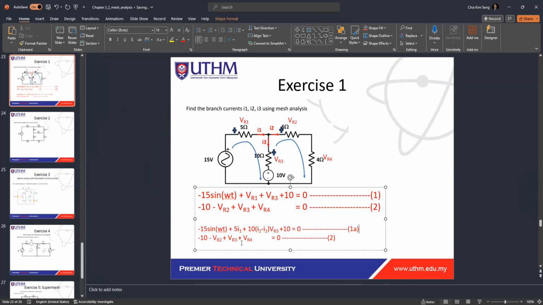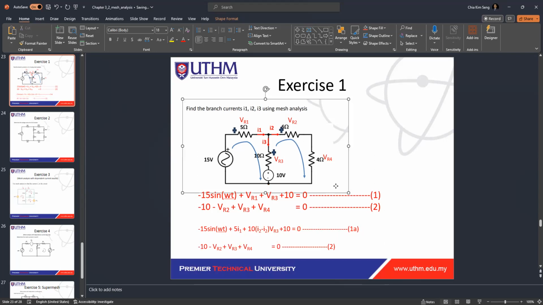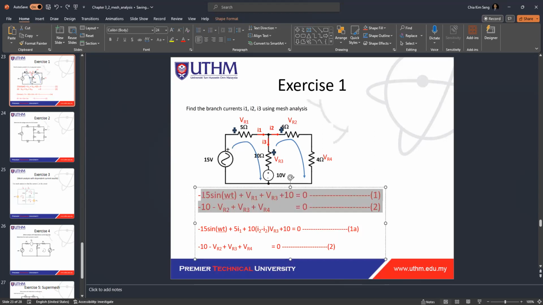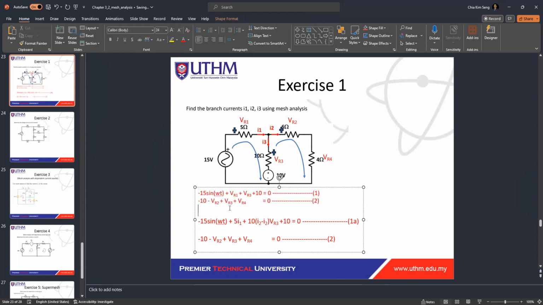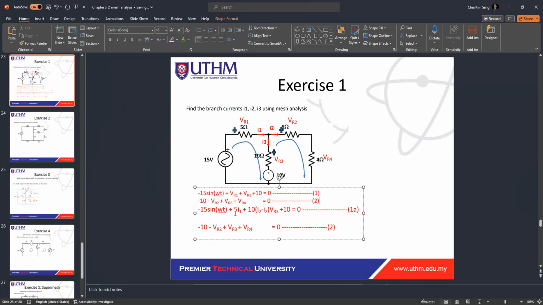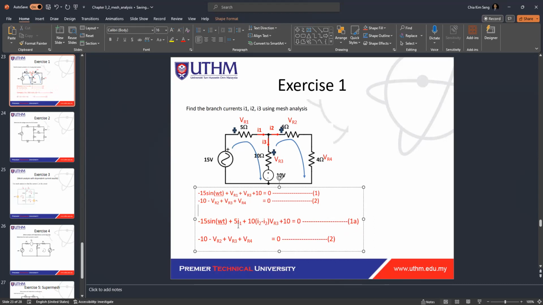Okay, and then just like we did previously, let me make this one smaller. We want to group the coefficients, rearrange this to equal 0. So we move the constant to the other side.